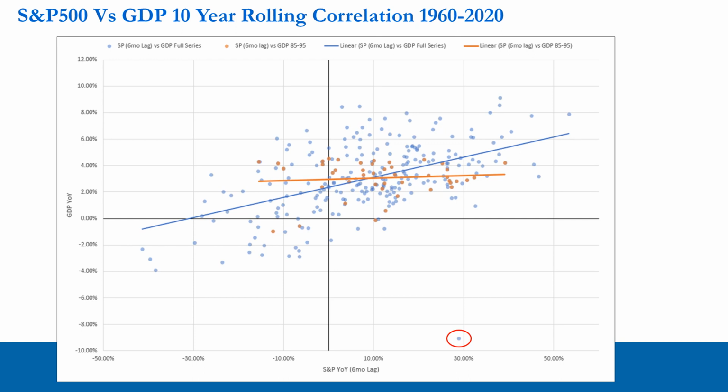That means we have positive correlation, which agrees with the work that we've done so far. Overall, when we look at the full data series, we have an average 10-year rolling correlation, 1960 to 2020, using the 6-month time lag of 0.56. We know that. So this is what we're looking at when we're representing this visually, an upwardly sloping positive curve.